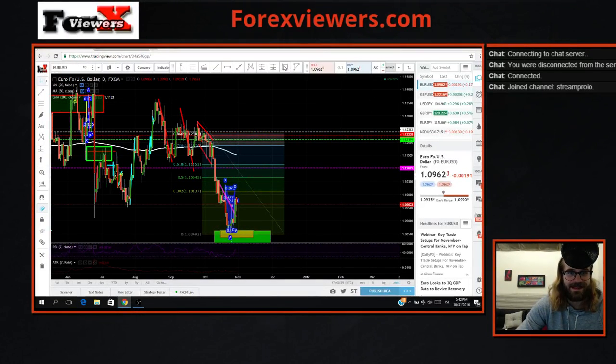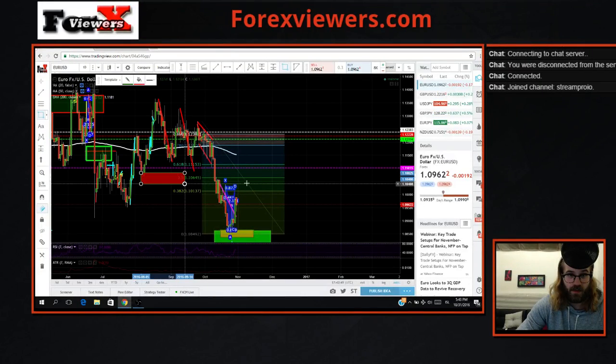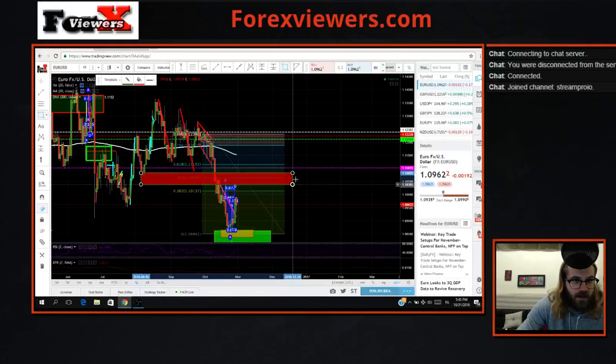We can take the nearest structure, which is right here, and we can draw a box right here. We can draw a couple of boxes, or we can draw a large box.